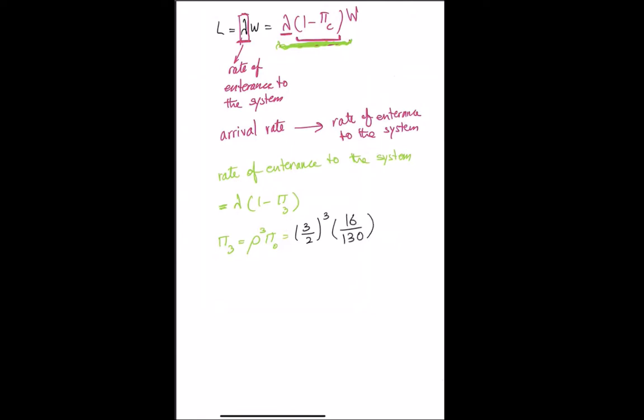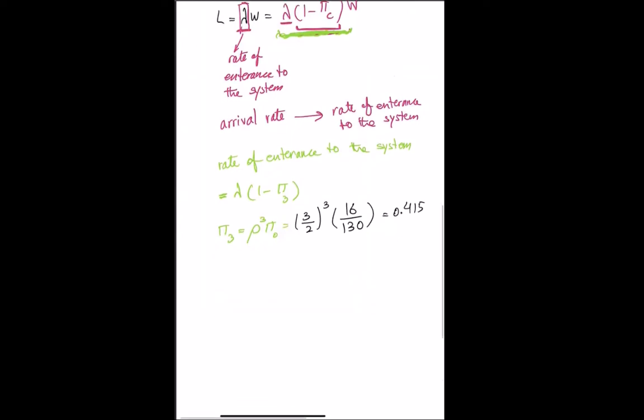That gives me pi 3, which is going to be 0.415. And so that means the chance of having 3 customers in the system, or the chance of the system being full, is 40% of the time.